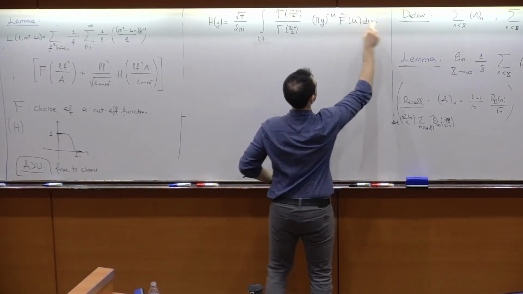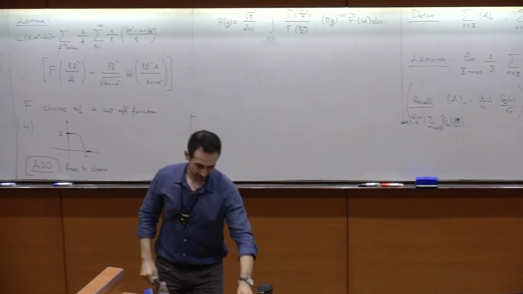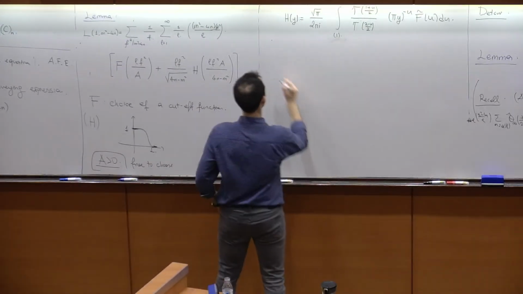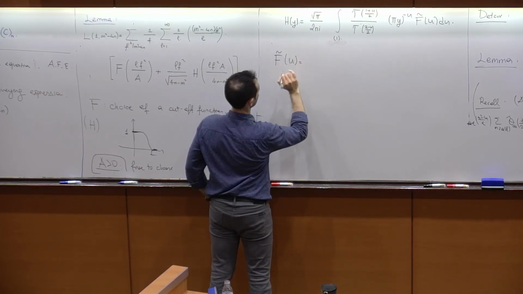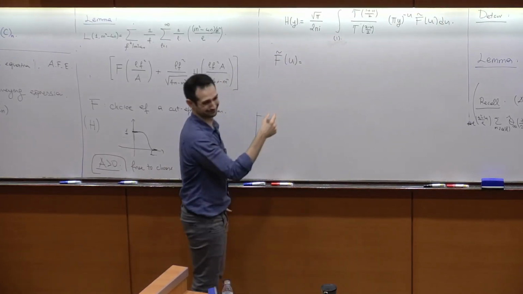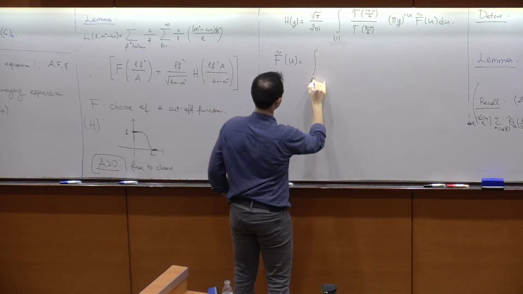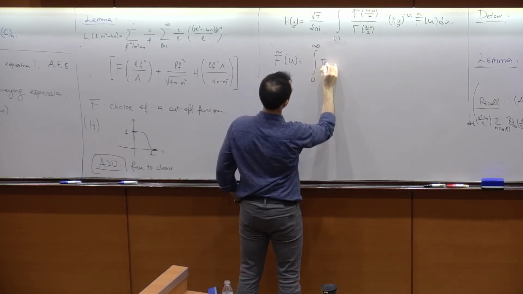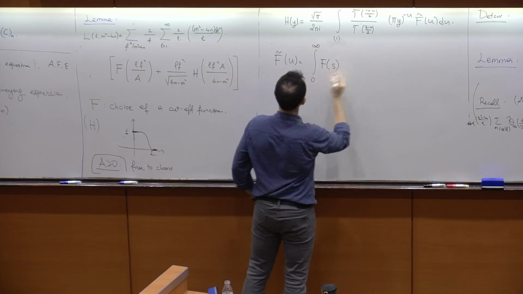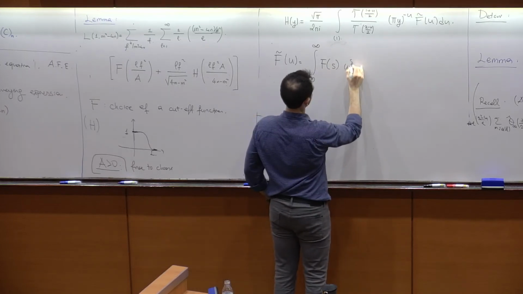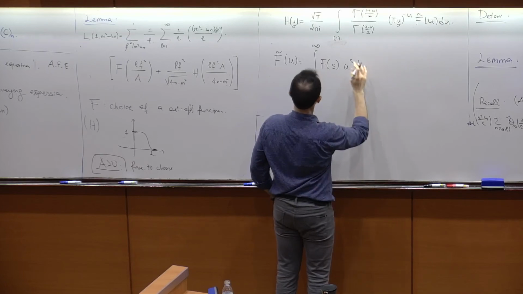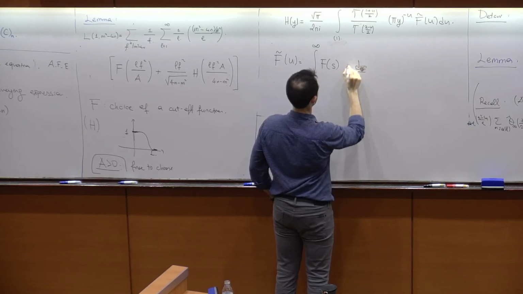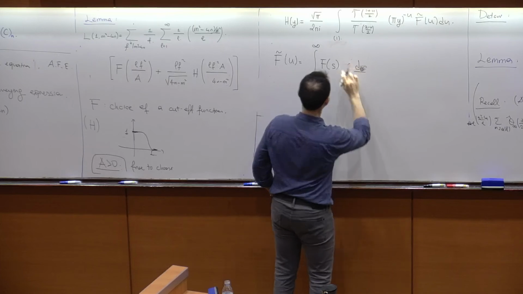Yep, and f tilde is the Mellin transform, so f tilde of u is the integral of f of s, s to the u, ds by s.